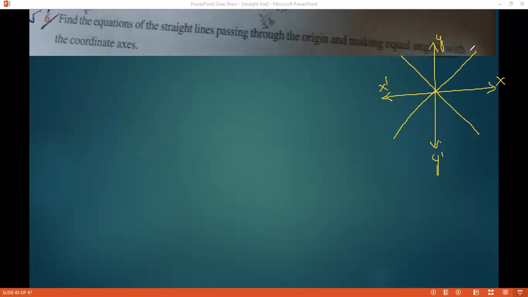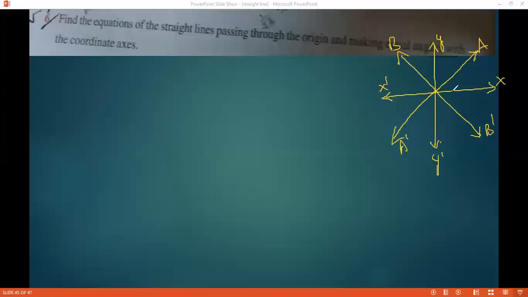You can mark the lines as AA dash and BB dash. These are the two straight lines which are passing through the origin. They asked for equations of straight lines passing through the origin and making equal angles. So equal angles means, you observe.